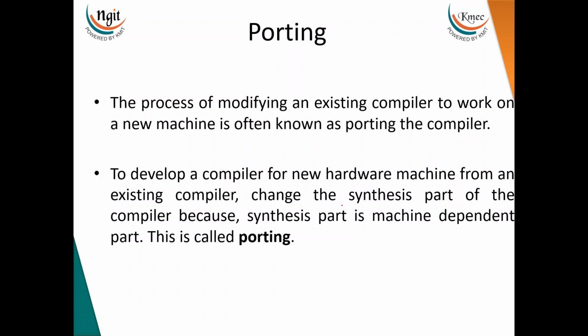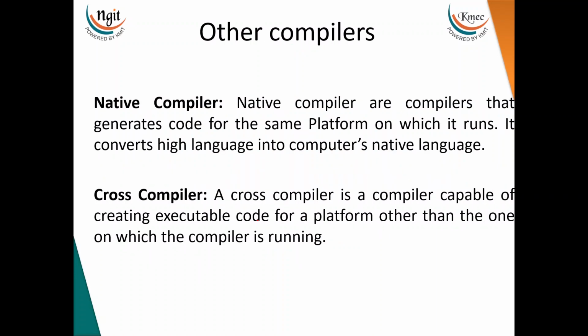Sometimes we have to change some intermediate representations too. Changing phases or some part of the compiler to work on a different machine is called porting. Generally porting is done in the synthesis part of the compiler phases. Like we discussed the analysis phase and synthesis phase, mainly we change the synthesis part.